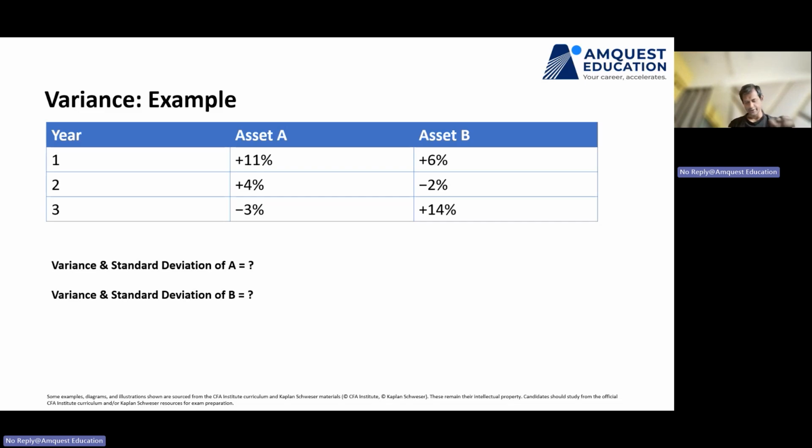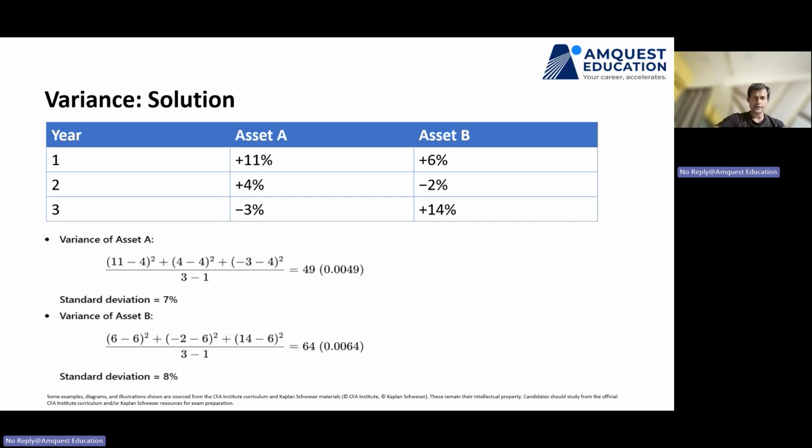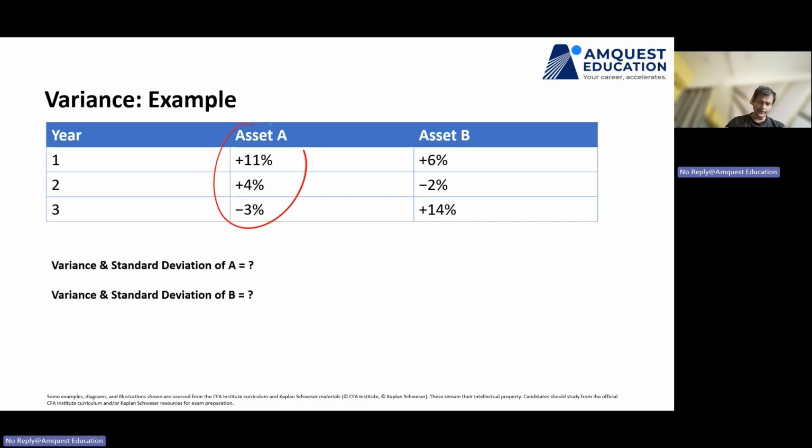Brilliant. Very good. Now let me quickly tell you the meaning of variance. I'll just come to it before I take the sum. Variance means what is the difference from the average. Now you all know asset A from the earlier example was giving me an average return of 4%.